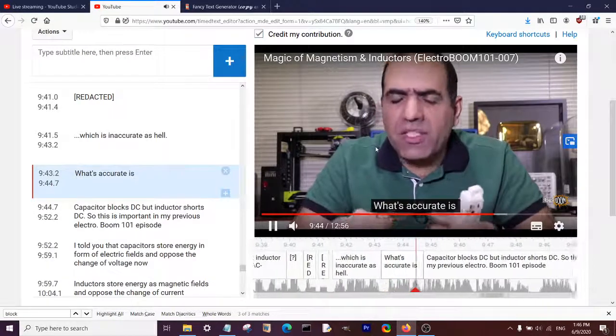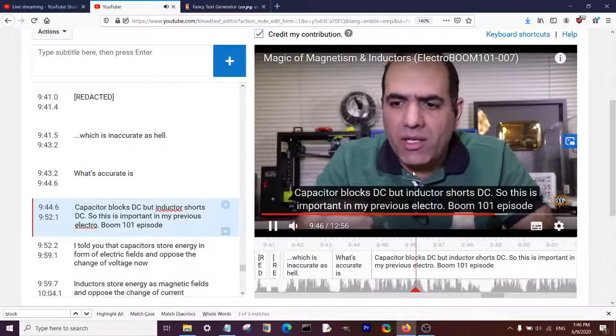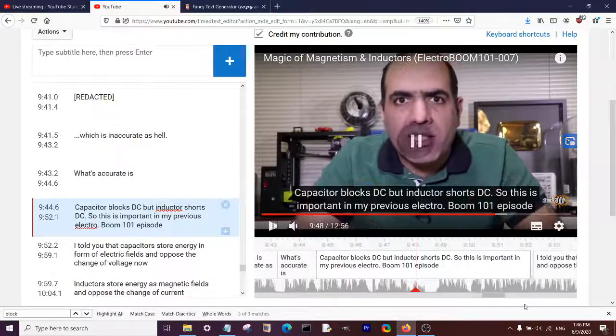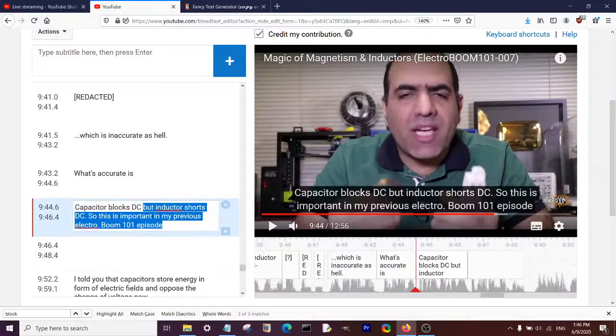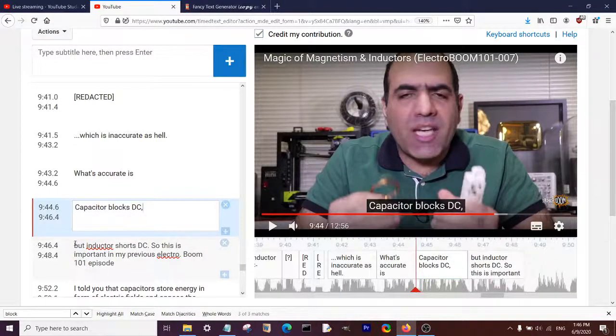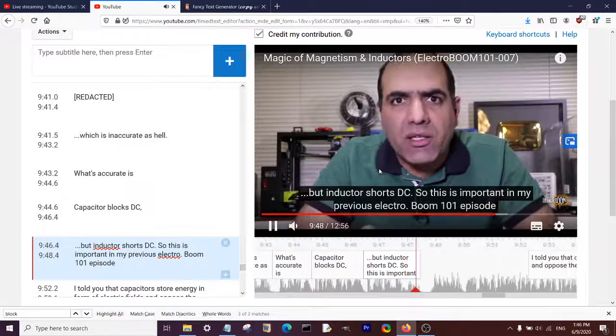What's accurate is capacitor blocks DC, but inductor shorts DC.